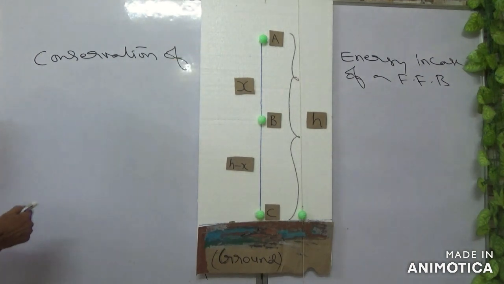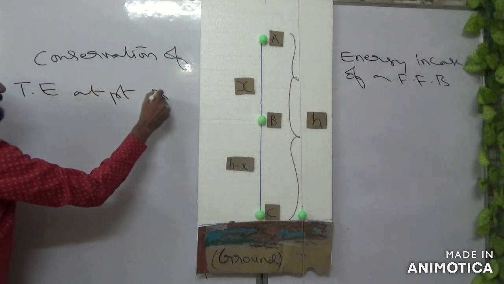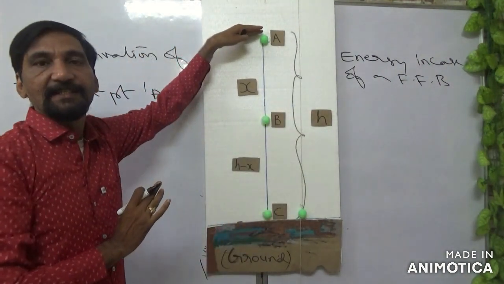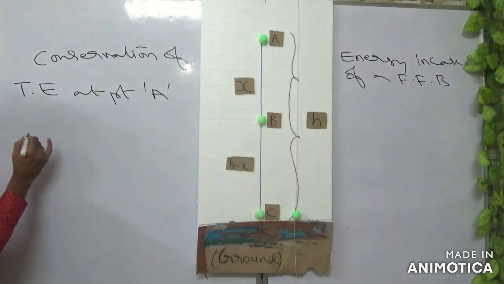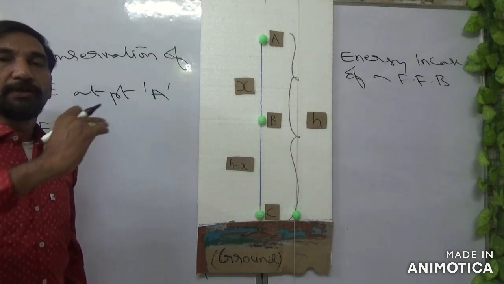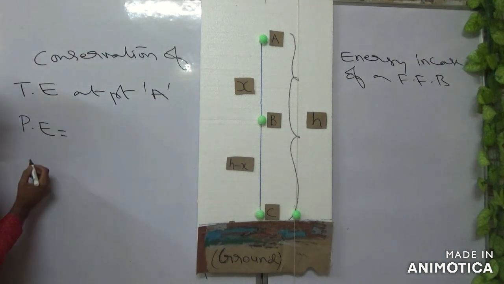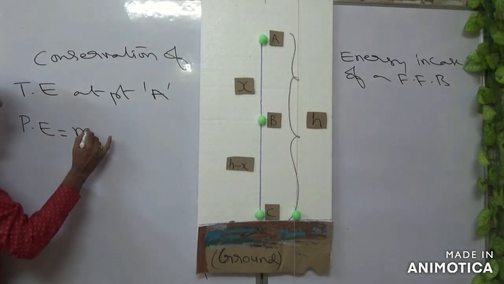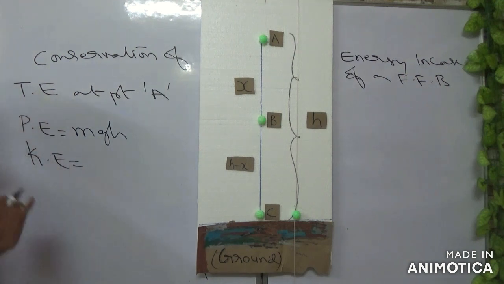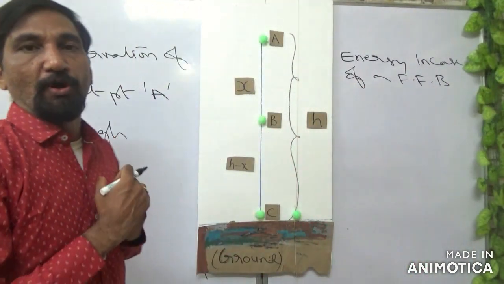At point A, total energy at point A. It is allowed to fall from h meters height. Potential energy, the energy possessed by a body by virtue of its configuration or position, so potential energy at point A is mgh. Next, kinetic energy: the energy possessed by a body by virtue of its motion is called kinetic.